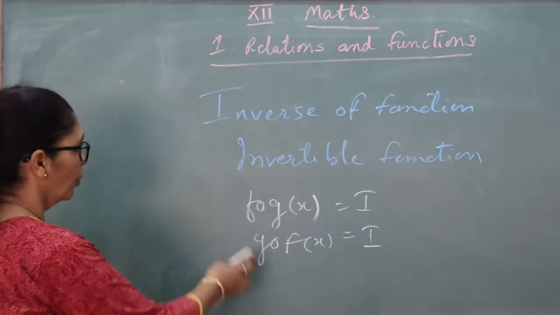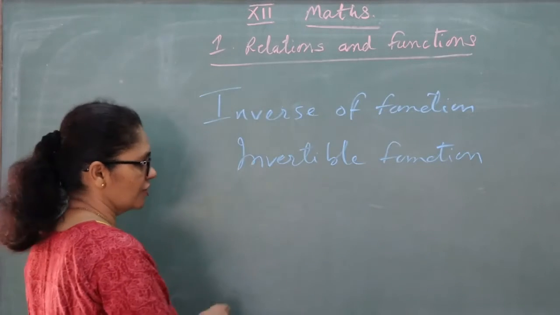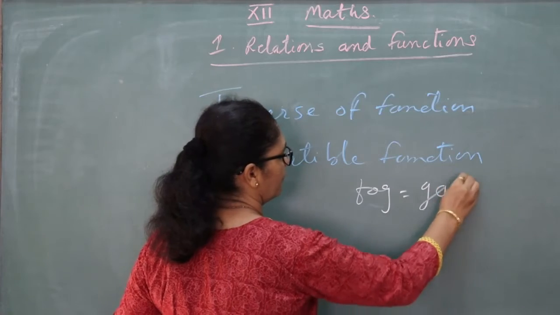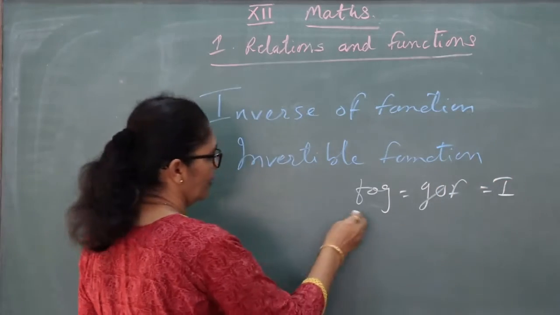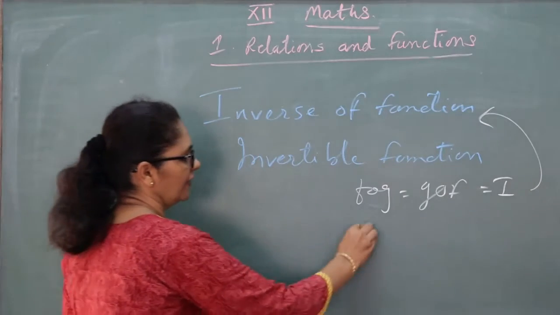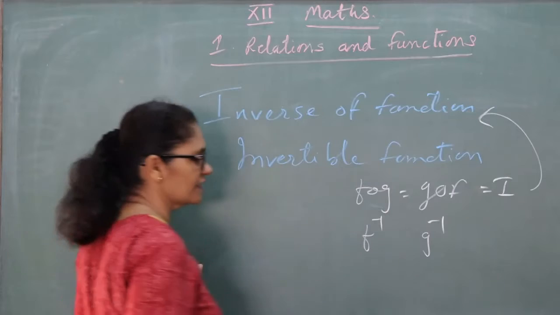But today I explain one more thing: if the first condition is true, that f over g and g over f are equal to identity, then you can say they are inverse of each other. How can we write the inverse of a function? f inverse or g inverse, that way.